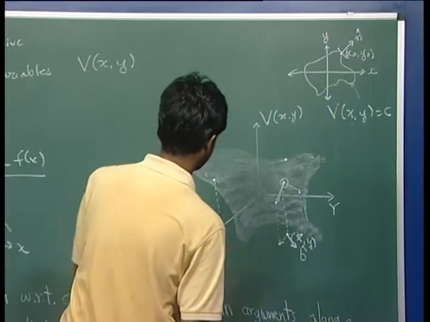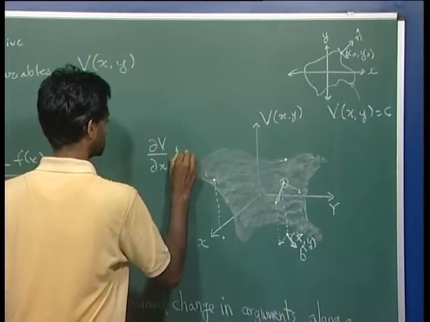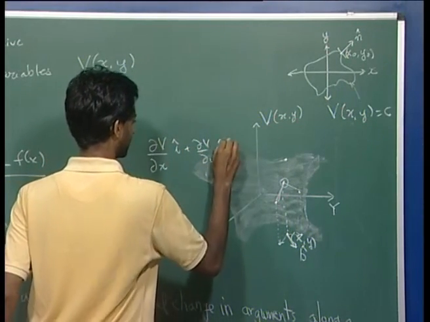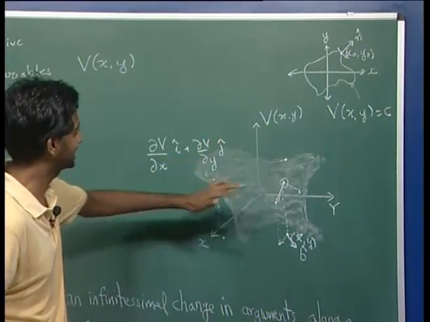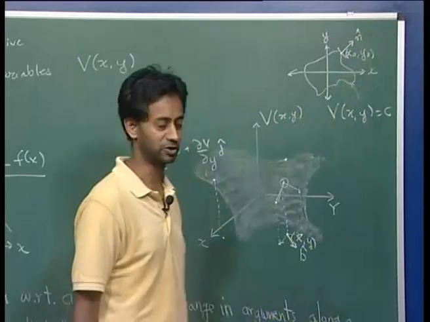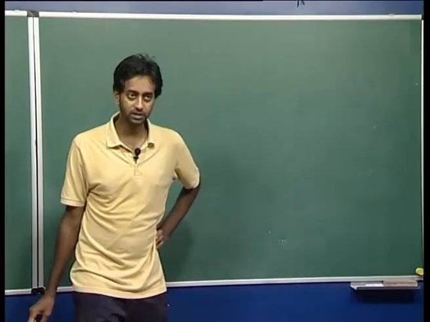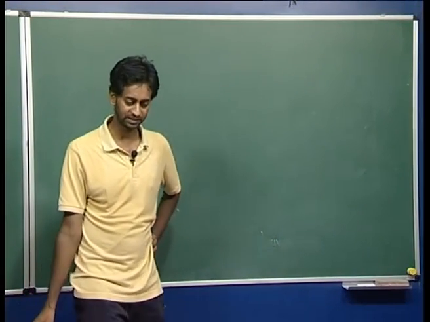So, notice that the gradient in this case has 2 components, i and j, and this represents a vector that has a certain direction, and that direction is exactly the same as this normal.